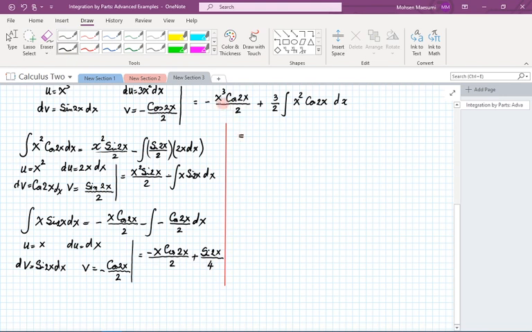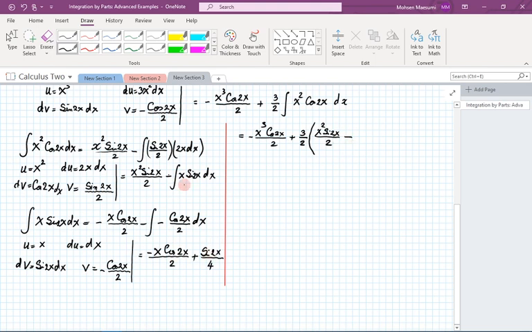So I have minus x cubed cosine of 2x over 2 plus 3/2 of 1, x squared cosine 2x, that is this. So I have to write 3/2 of, this is x squared sine of 2x over 2 minus this integral, which is that.